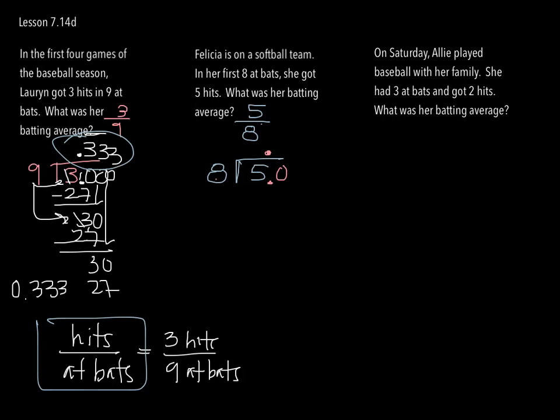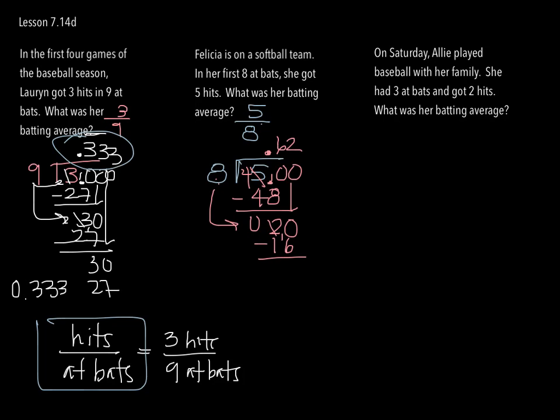How many 8s can I take out of 50? Well, that would be 6. 6 times 8 is 48. Subtract, 10 less 8 is 2. Going to add another 0, bring it down. How many 8s in 20? That would be 2, because that would be 16.